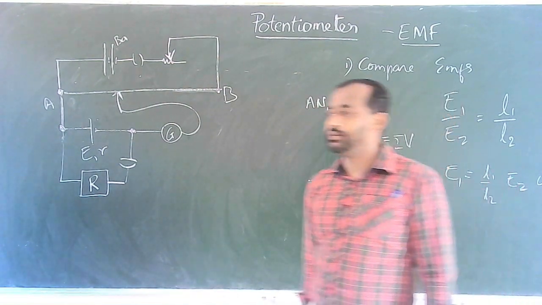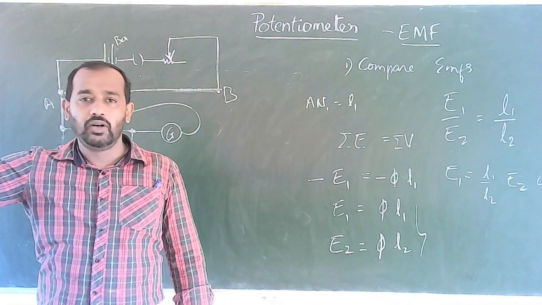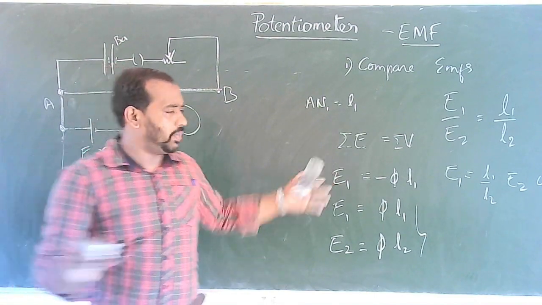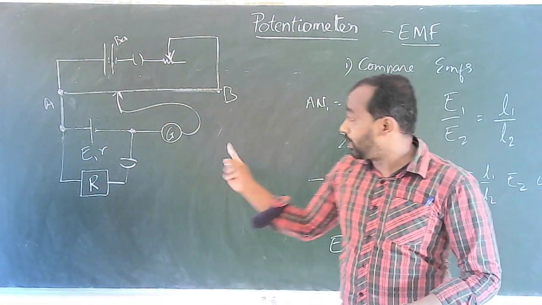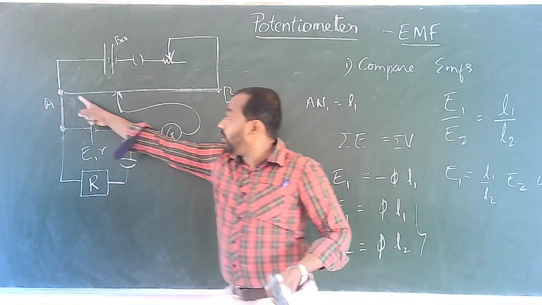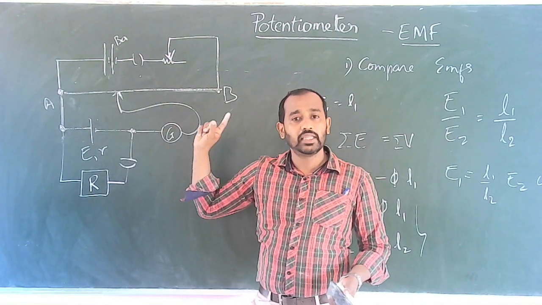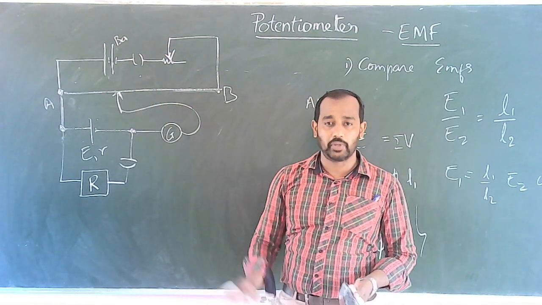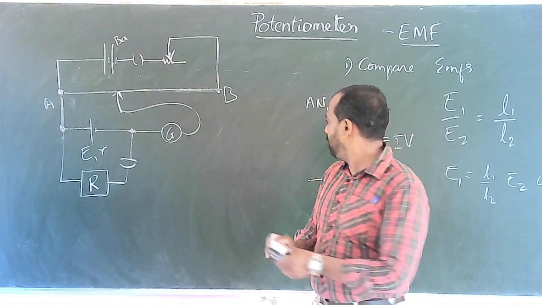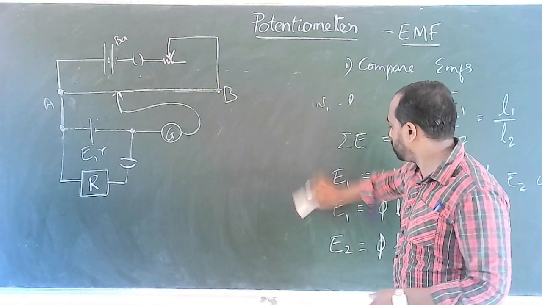This is the arrangement. Now, how do we do that? The same principle is used here. The potential drop over the length is directly proportional to the length of the potentiometer. So the same rule will be used here.